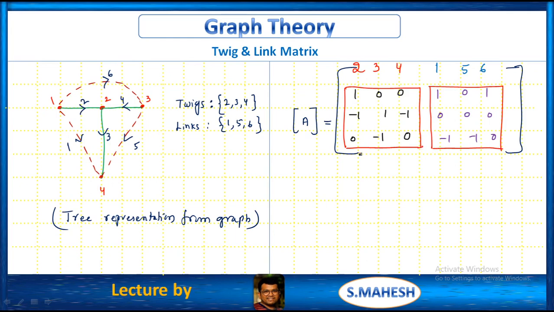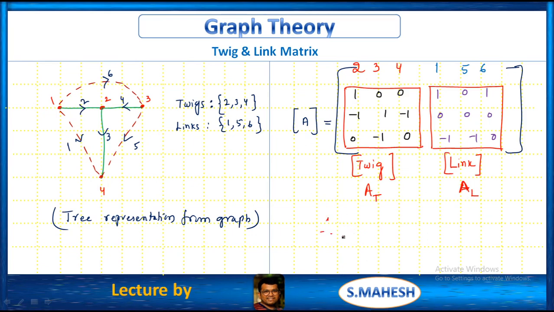Right? This is the twig matrix. This is the link matrix. That's it. You can represent it as AT. This is AL.